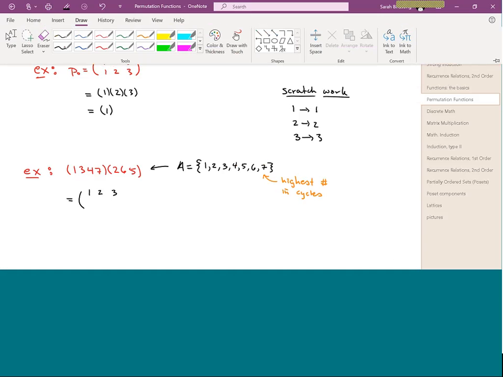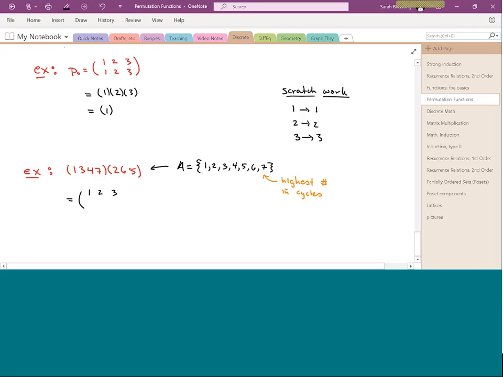Now, nice thing is converting from that cycle notation back into the two-row format is actually easier than going from the two-row format into the cycle notation format. Okay? So remember what happens. The top row is whatever number you're starting at. Bottom row is who these numbers are mapped to.